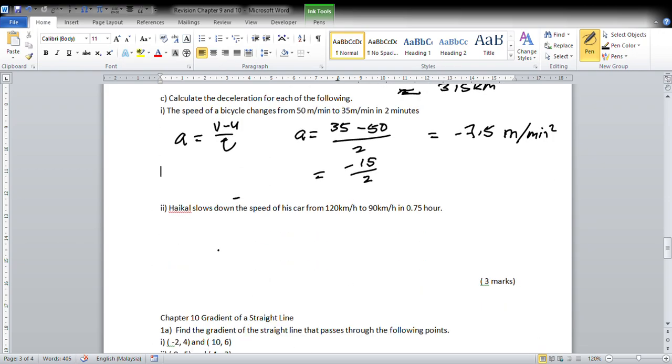Next, Haikal slows down the speed of the car from 120 to 90 km per hour in 0.75 hour. To calculate acceleration, final velocity 90 minus 120 km per hour, divided by the time taken, which is 0.75 hour.